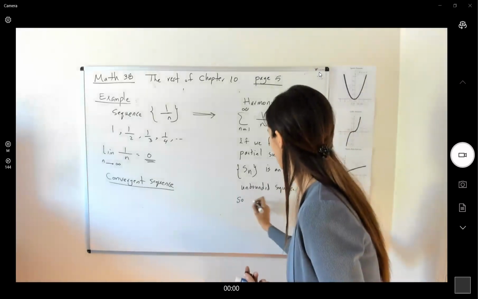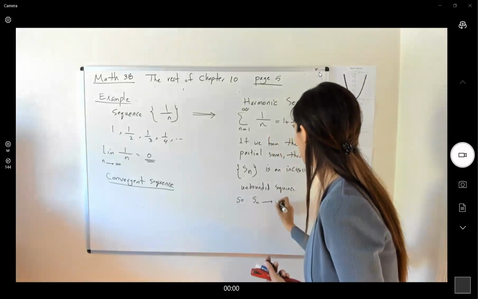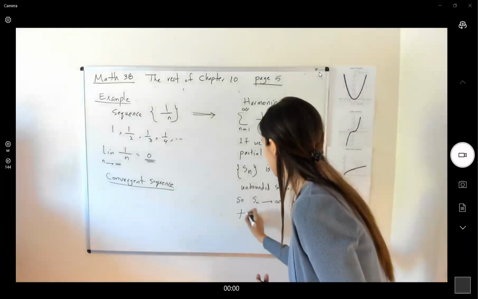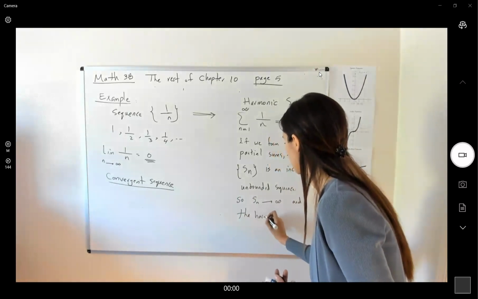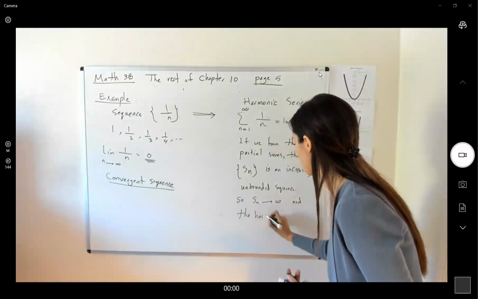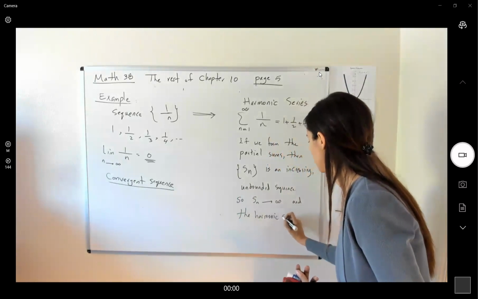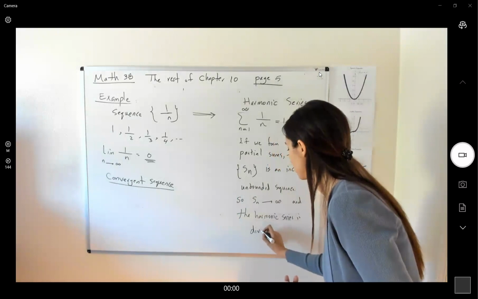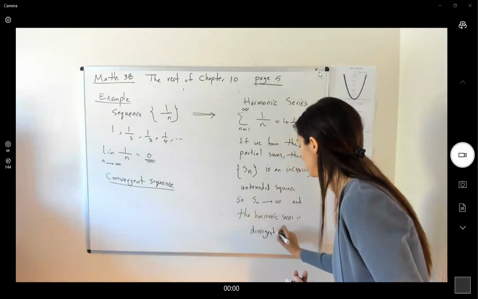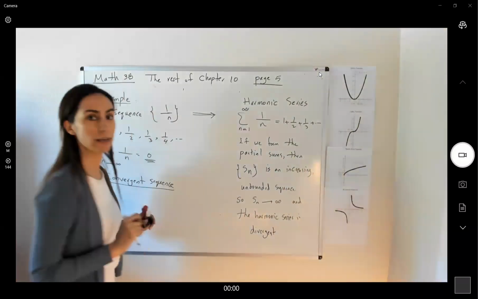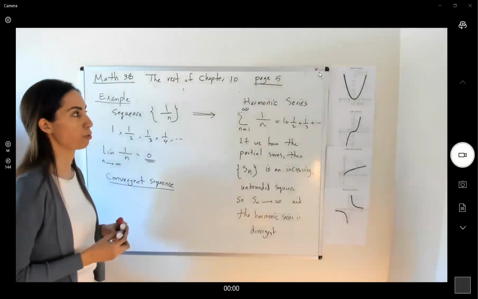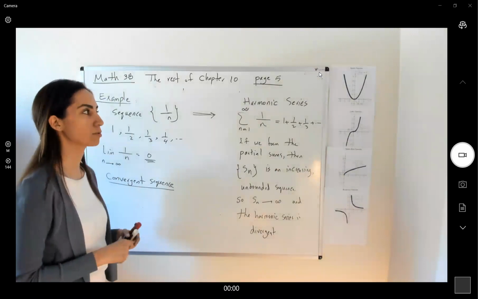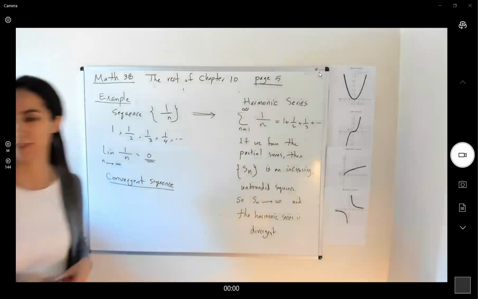So Sn goes to infinity and the harmonic series is divergent. So remember this example. This example is very important. We're going to go over one theorem and you're going to derive some conclusions based on that theorem.